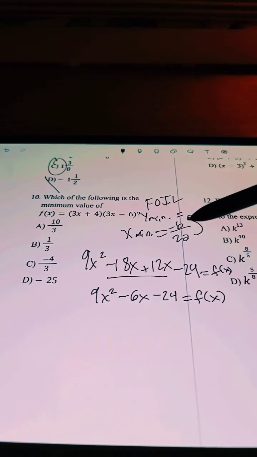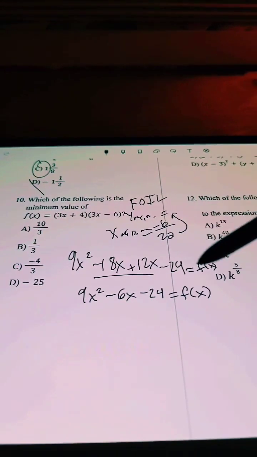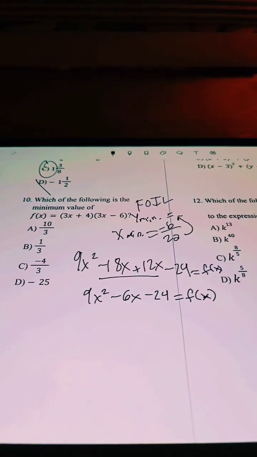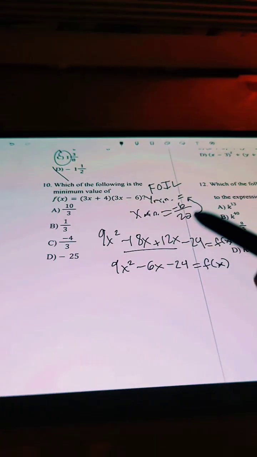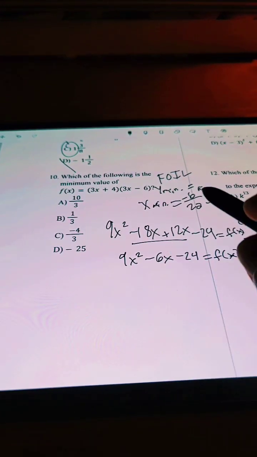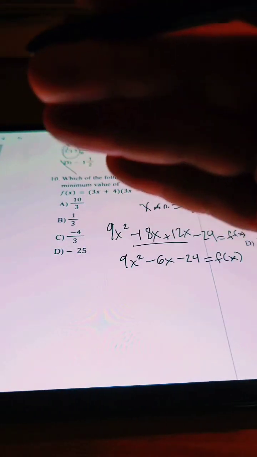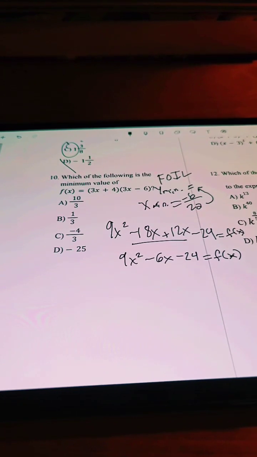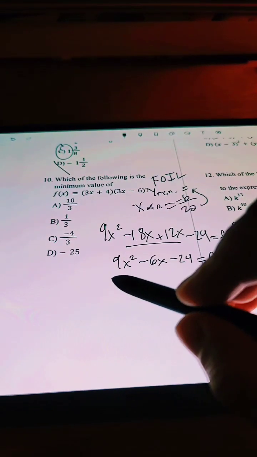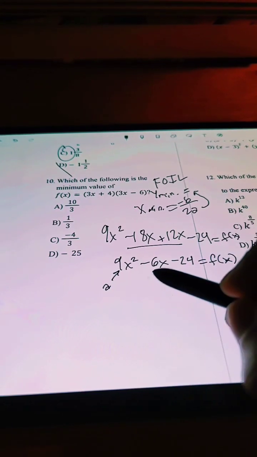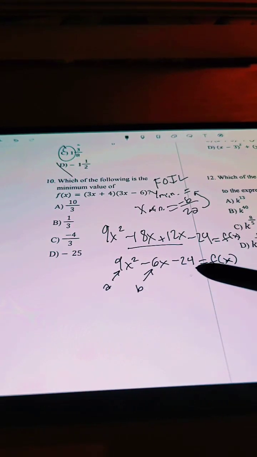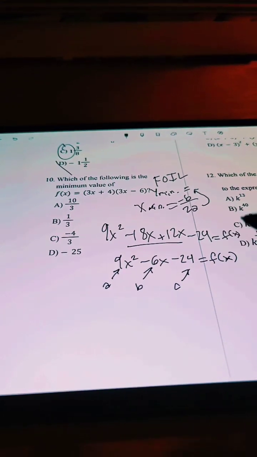So you find the x min and then plug it in for x to find the y min. Let's start by finding the x min. a, b, and c are the same a, b, and c that you're used to in the quadratic formula. a is the number being multiplied by x squared, b is the number being multiplied by x, and c is the number floating by itself.